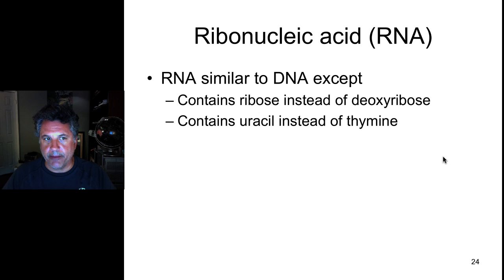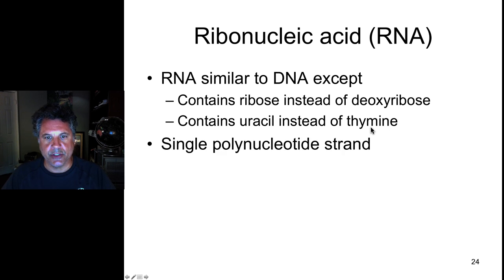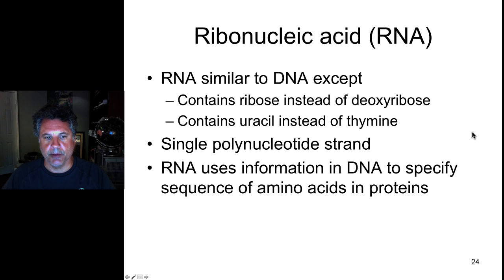RNA is similar to DNA, but it contains ribose instead of deoxyribose, so there is a hydroxyl group on the 2' carbon, the second carbon of the ribose sugar. And RNA contains uracil instead of thymine. RNA is usually a single strand, not double-stranded, although some double-stranded RNAs do exist. And RNA is the carrier of information from DNA to specify the manufacture of a particular sequence of amino acids in proteins.